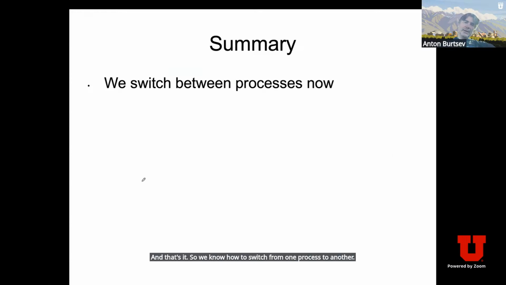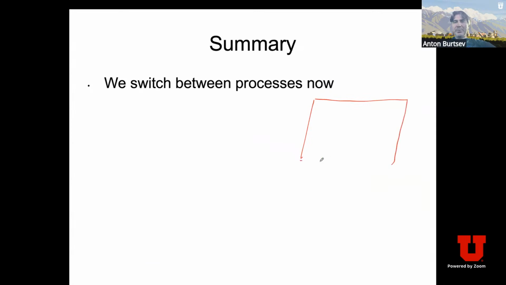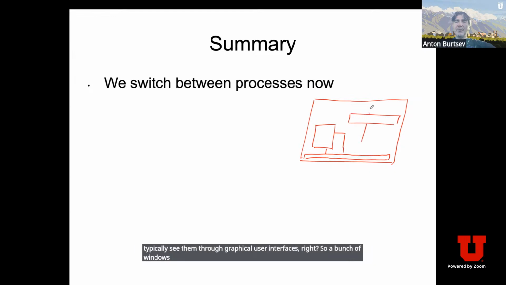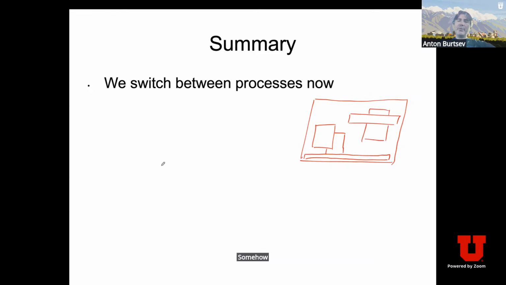And just to sum it up again, remember this part which I keep mentioning over and over. We typically see operating systems through graphical user interfaces, right? A bunch of windows laid out one on top of another.